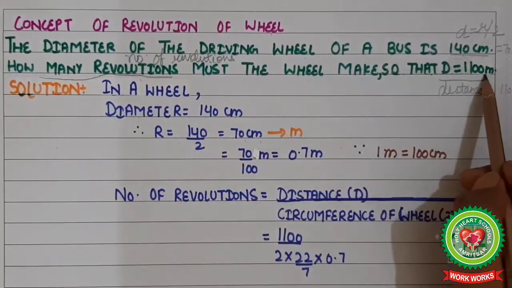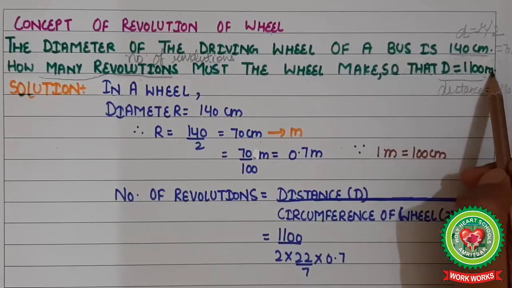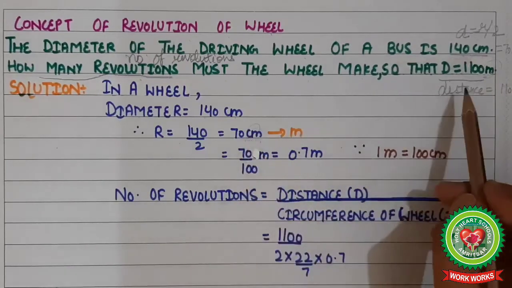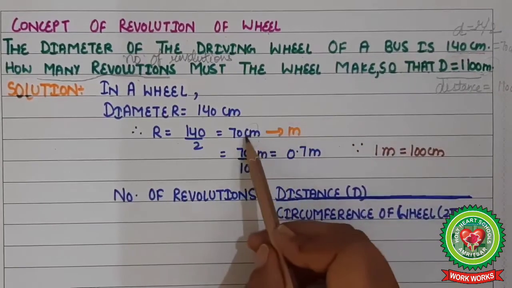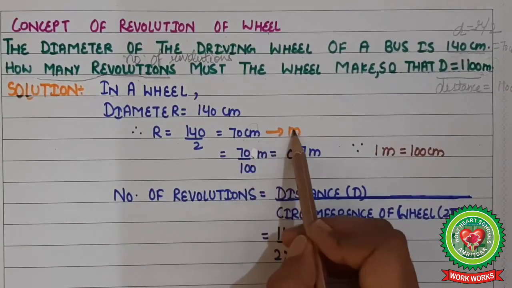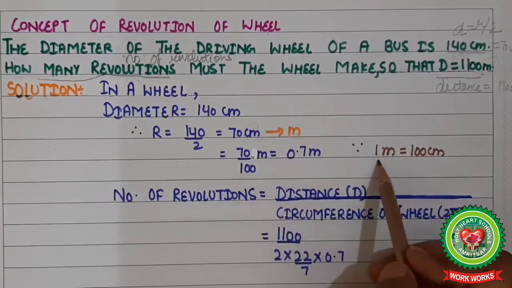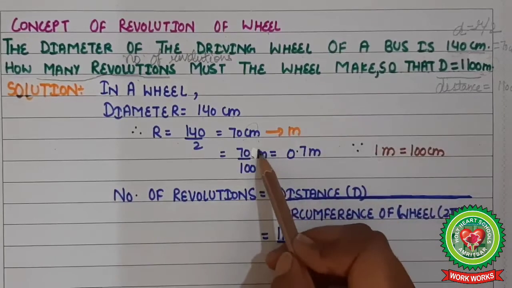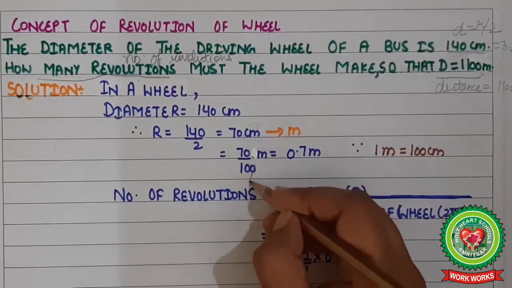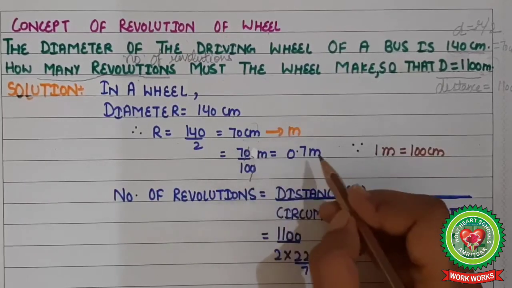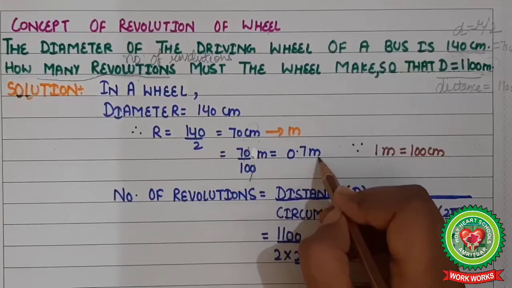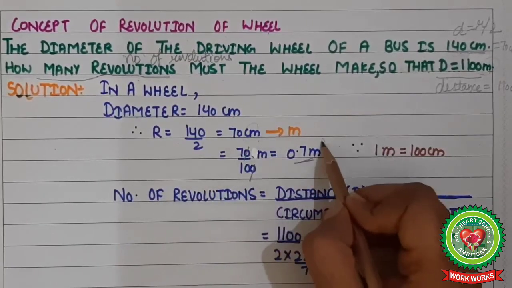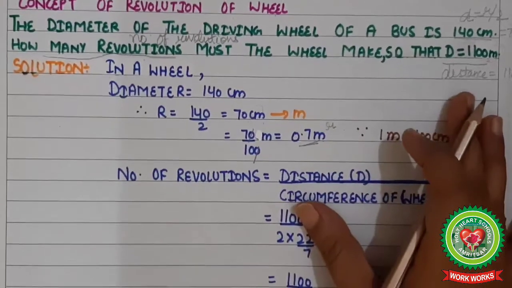Now children, see, distance is given to us in meter and radius is in centimeter. So to make the unit same, we will change this centimeter also in meter. So as 1 meter equals to 100 centimeter, so this will be divided by 100. So this 0 will cut and we will get 0.7 meter as the radius of the given wheel.